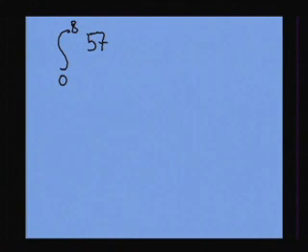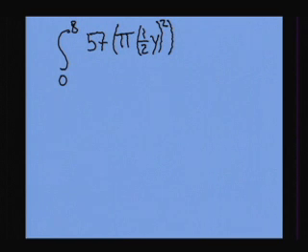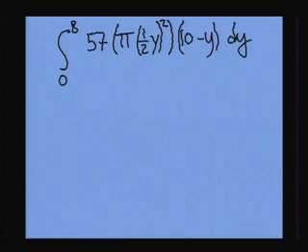Then we're going to multiply that times the disk, which is pi r squared, which would be equal to pi times (1/2 y) squared, and that would then be multiplied times the distance, which is 10 minus y, and that is all with respect to y.